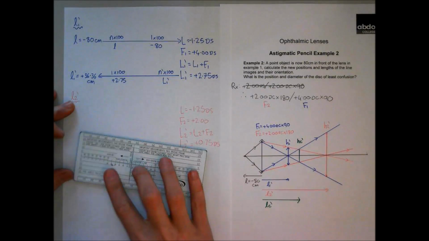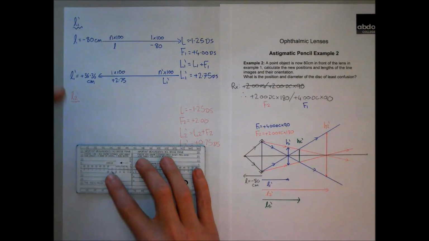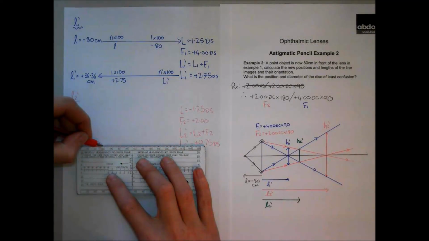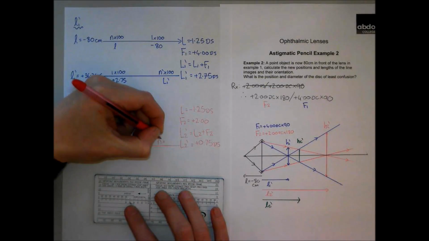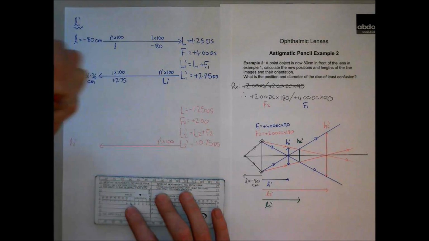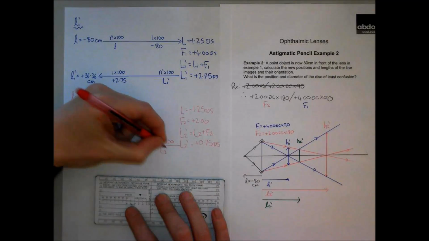And from there, we're going to go back to little L2 dashed. Again, that's N dashed, times that by 100 over my big L2 dashed.